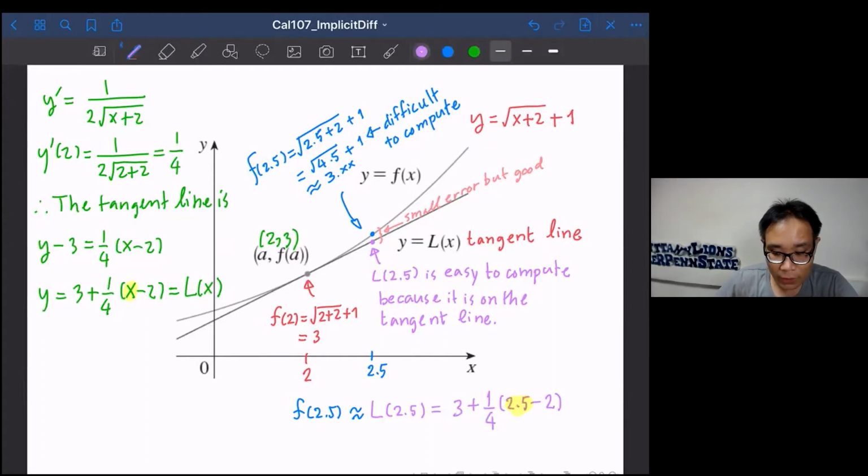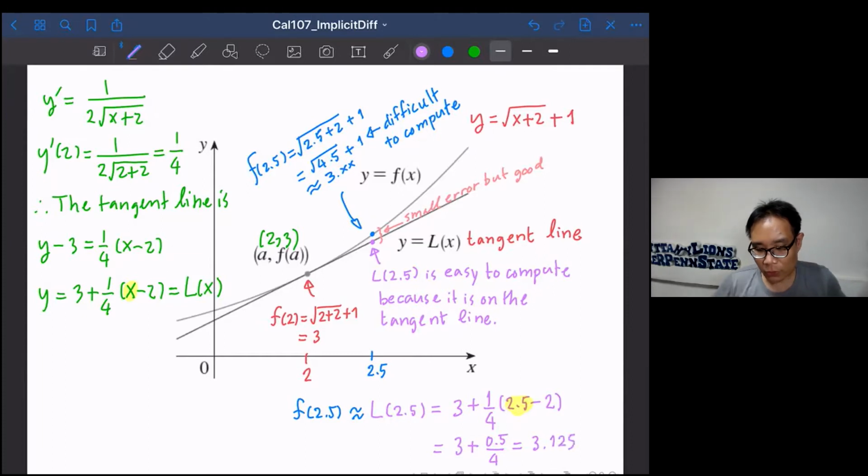So L(2.5) is going to be 3 plus 0.5 over 4, so it's going to be 3 point 1, 2, 5, which is 3.125.